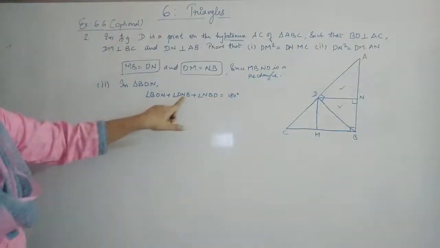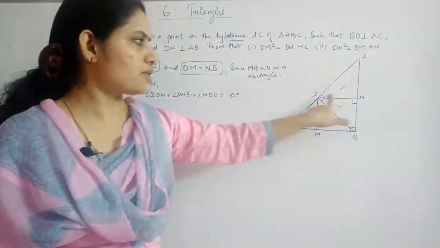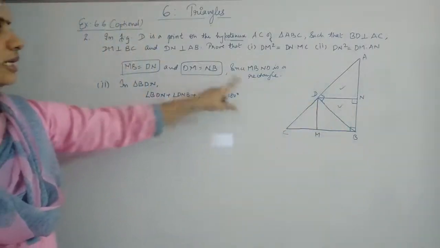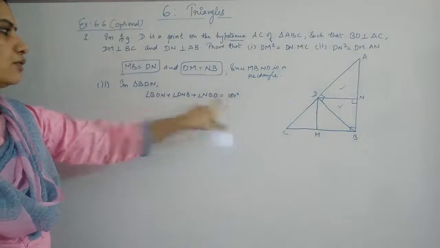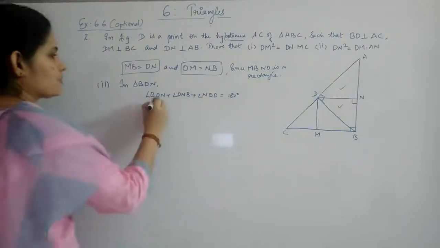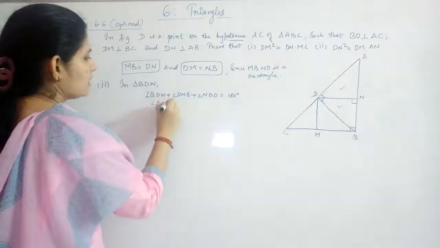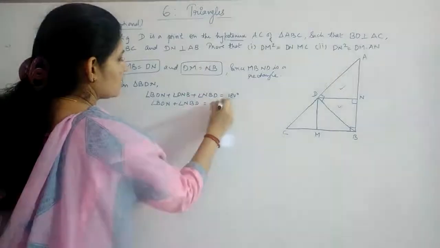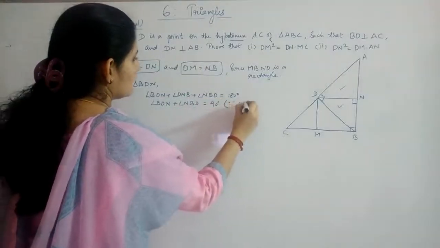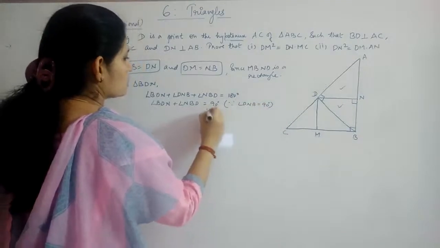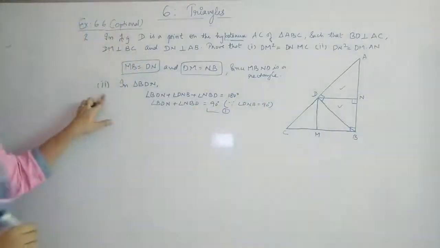And which angle you already have to be 90? This one for this triangle. So you can just replace this with 90, so that this will go there as 180 minus 90 and give you these two, sum of these two angles as 90. So you have angle BDN plus angle NBD is equal to 90, since angle DNB is 90. Okay, so let it be your equation number 1 for your second part.